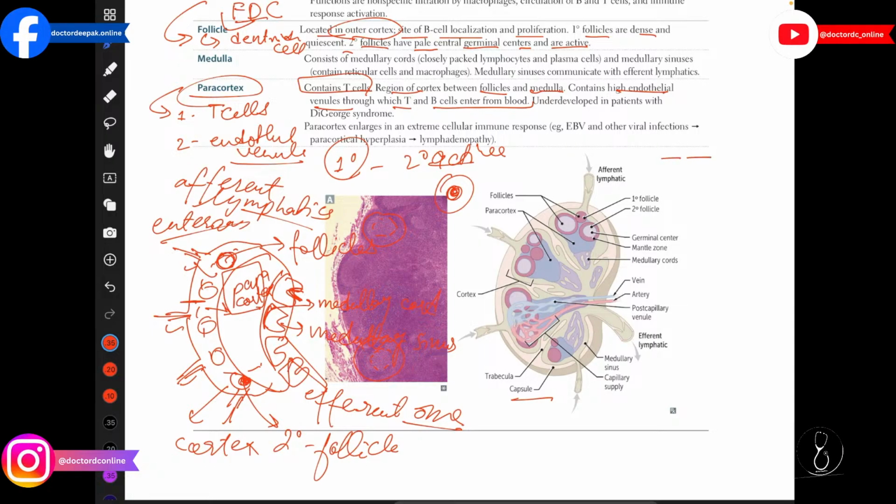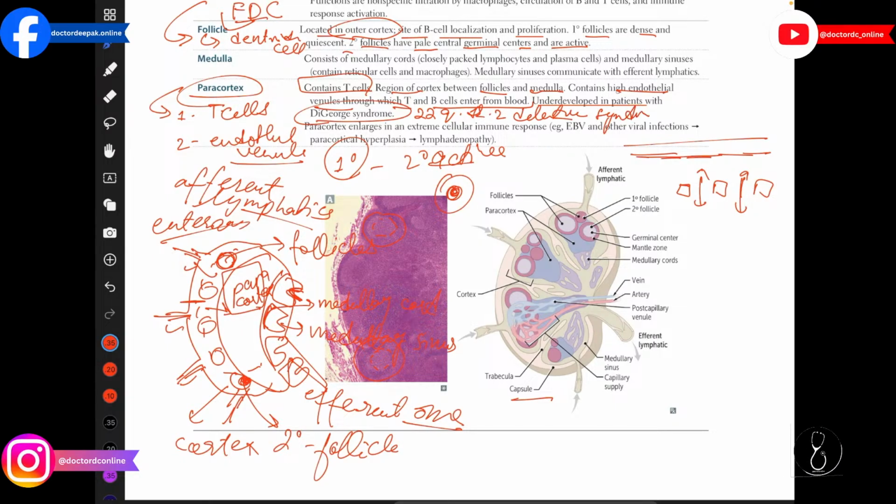The endothelial cells are also packed in vessels, but in the high endothelial venules, the endothelial cells have gaps, so B and T cells can easily move between the blood and the lymph node. Secondly, the paracortex is underdeveloped in patients with DiGeorge syndrome, which is a 22q11.2 deletion syndrome.